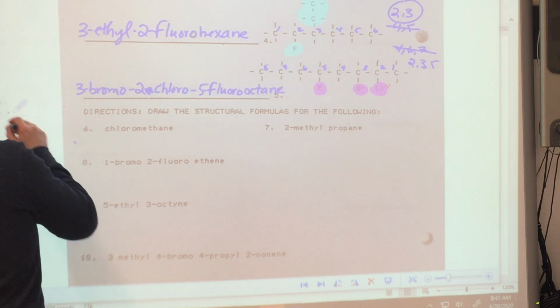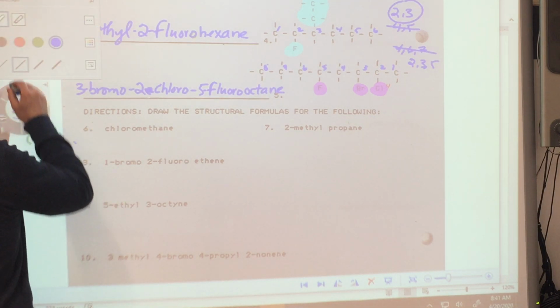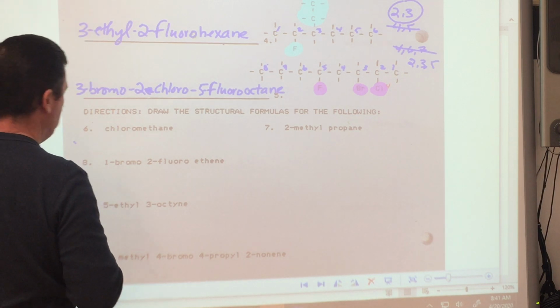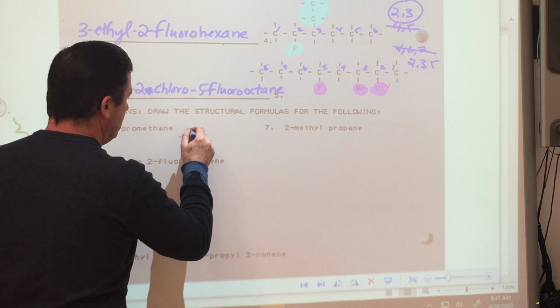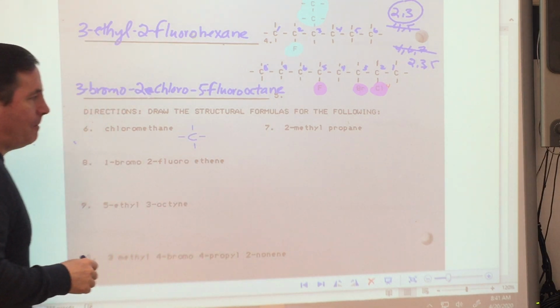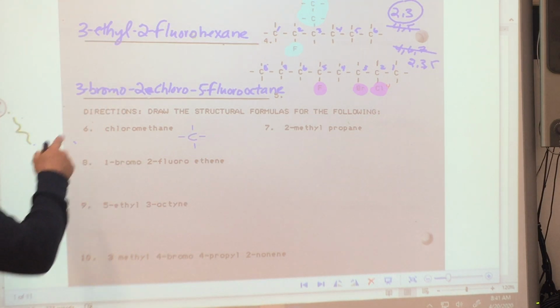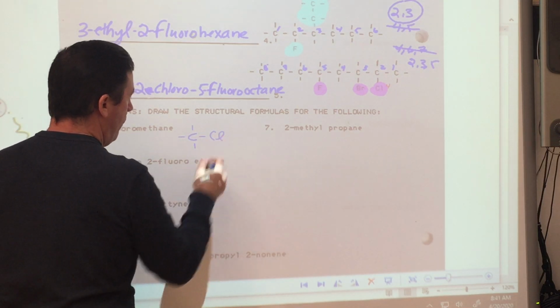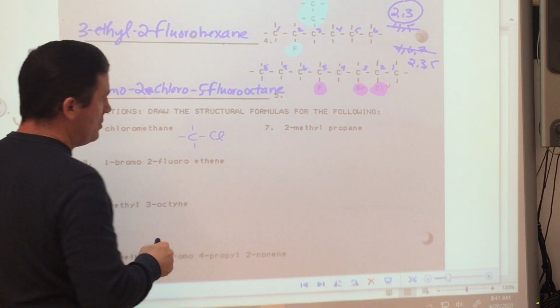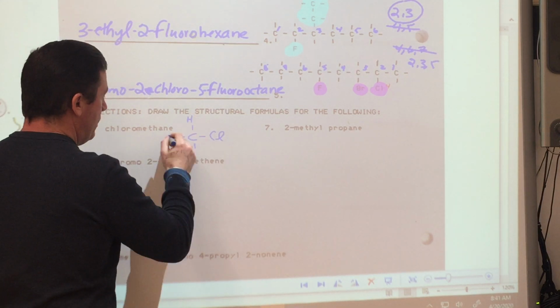Number 6. Chloromethane. Well, here's methane. Chloro means I've got a chlorine on it. And the rest are hydrogens. You could put the hydrogens if you wanted.